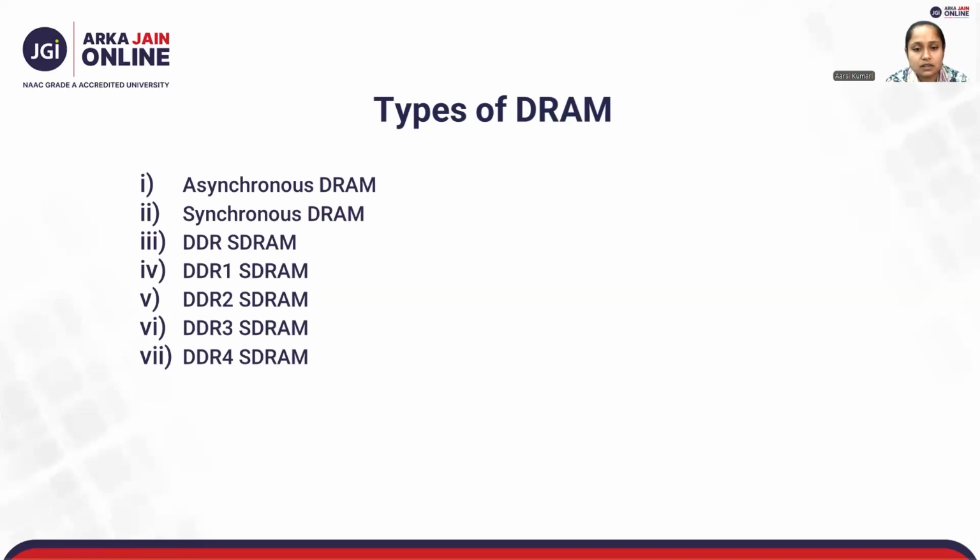Synchronous DRAM began to appear in late 1996. In SDRAM, the RAM was synchronized with the CPU clock. It allowed the CPU, or to be precise the memory controller, to know the exact clock cycle or timing, or the number of cycles, after which the data will be available on the bus.